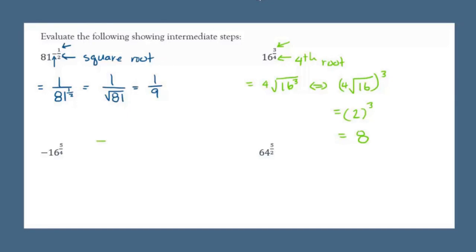If I have negative 16 to the power of 5/4 without any brackets to be seen, or negative 16 underneath the brackets to the power of 5/4, these are very different questions. In the one case, the base of the exponent is negative 16, and in our case, the one without the brackets, the base of the exponent is 16. There just happens to be a negative 1 being multiplied by whatever happens next.